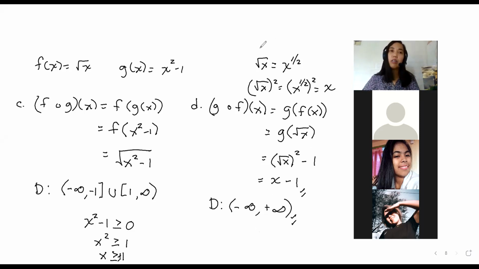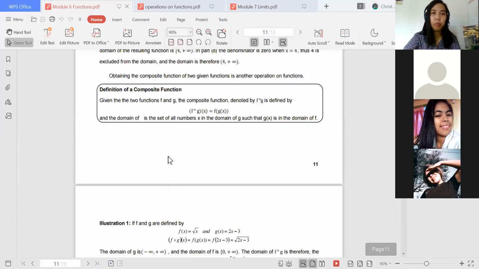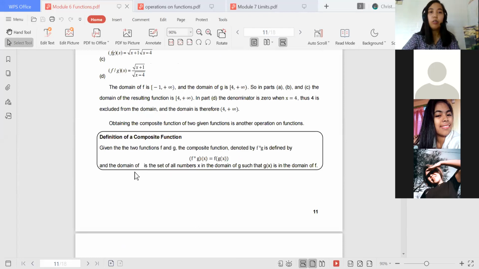Ang sabi natin sa domain ng composite, dapat daw the domain, okay, of F composite G is the set of all numbers x in the domain of G. So, kung ang given ay F composite G, dapat yung magiging domain natin nasa G. Okay?